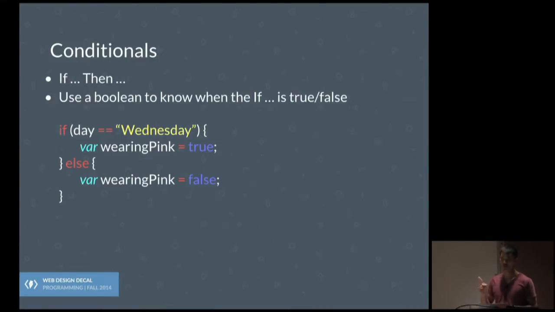Otherwise, make sure it's false. Notice you can basically see the English coming out of this code. At the top, there's if, and then you have parentheses and within those parentheses, you have a Boolean, a true or false value. If day is Wednesday, that's either true or false. It's either Wednesday or it's not Wednesday. If it is Wednesday, then of course, wearing pink should be true. Else, wearing pink should be false.